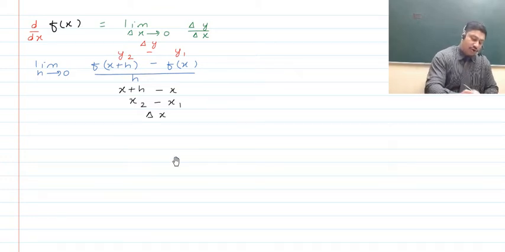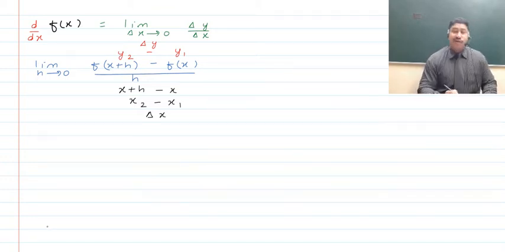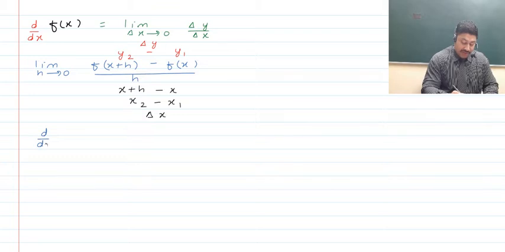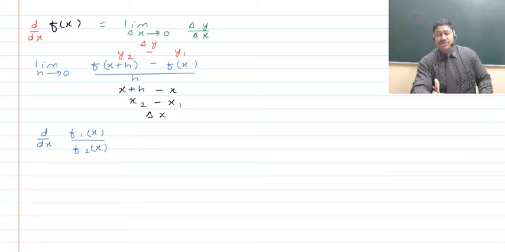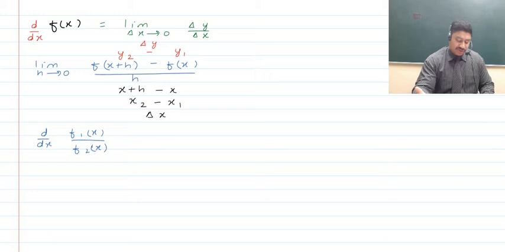Now if we talk about the formula for the quotient function, that means suppose we have d upon dx of f1(x) divided by f2(x), where again these can either have an inverse trigonometric function, a logarithmic function, an algebraic function, a trigonometric function, or an exponential function.